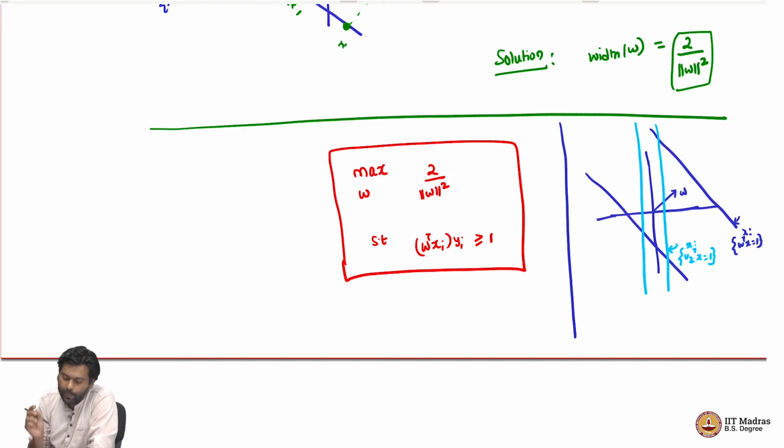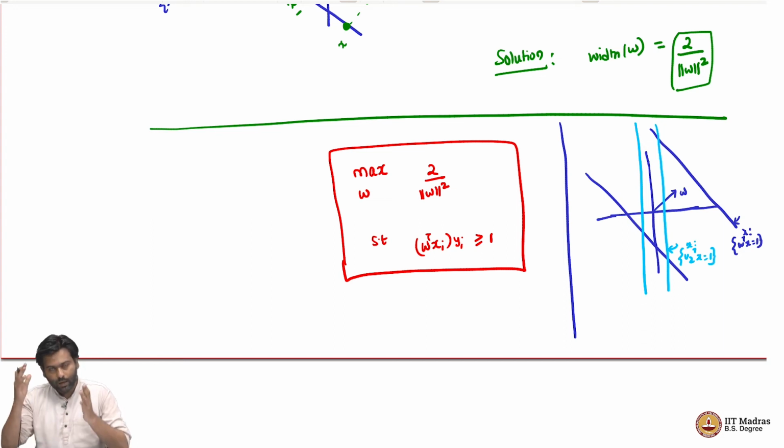Because the difference is small, what should happen? Now we can ask the question, how should the length of the W that induced this be, because this line has to have the equation W2 transpose X equals 1.